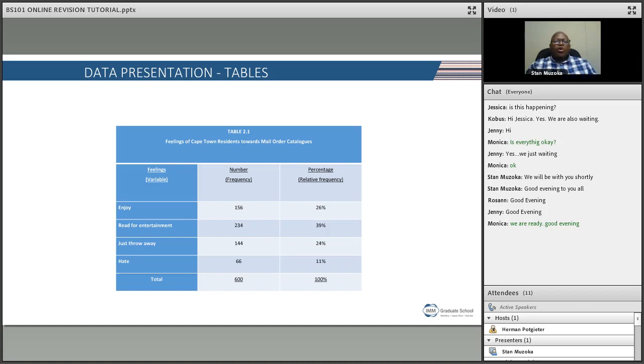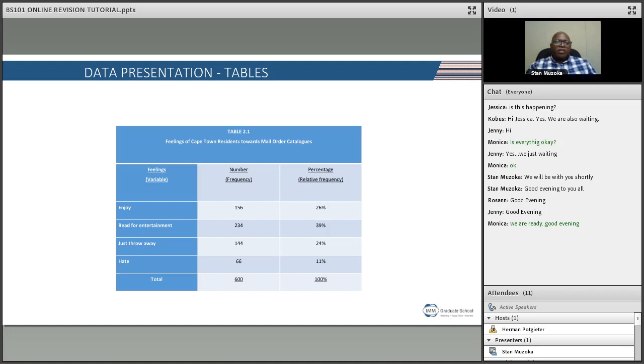The table on your screen now is a frequency distribution table indicating categorical data, data classified in categories: enjoy, read for entertainment, just throw away, hate. A survey was carried out in Cape Town measuring the attitude of respondents to the mail order catalog method of marketing.